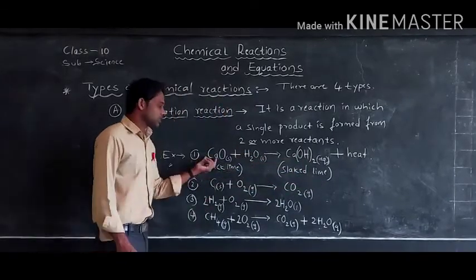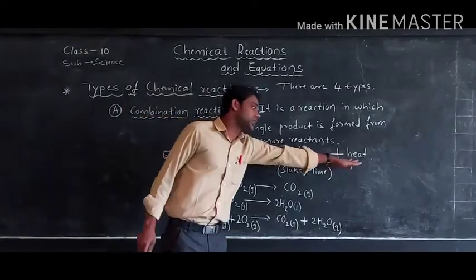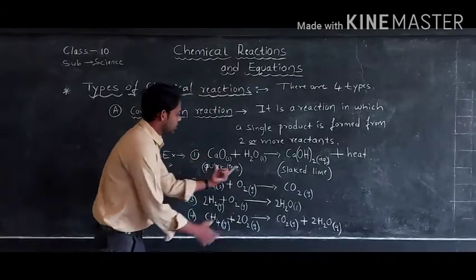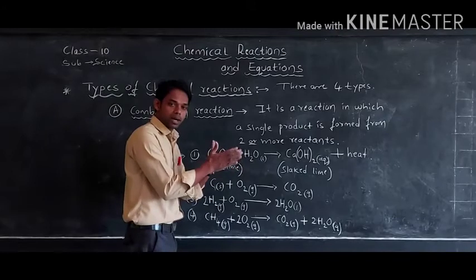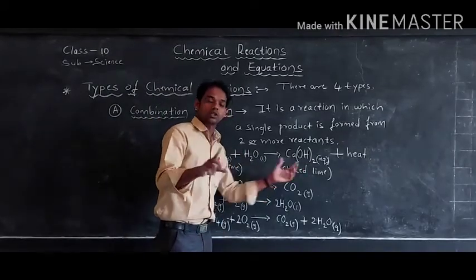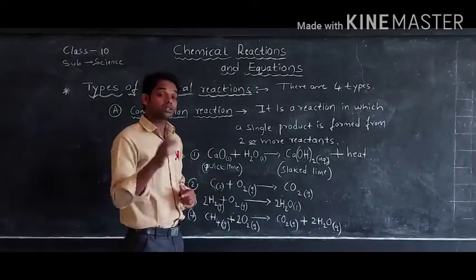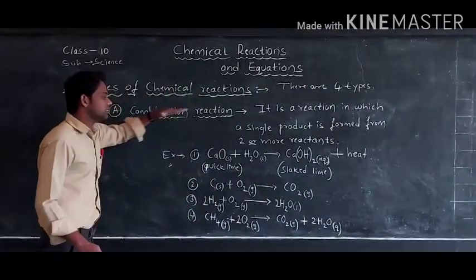Quicklime means calcium oxide. During this reaction, heat is also produced. Understood? Here two reactants react, combine and form a single product. So, two or more reactants combine to form a single product. Such a reaction is called a combination reaction.